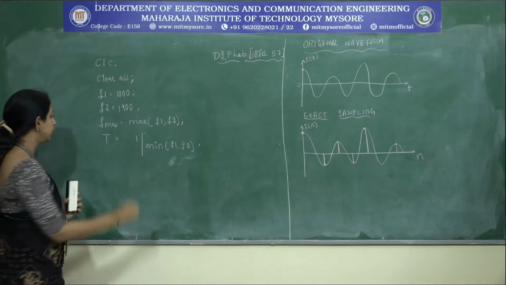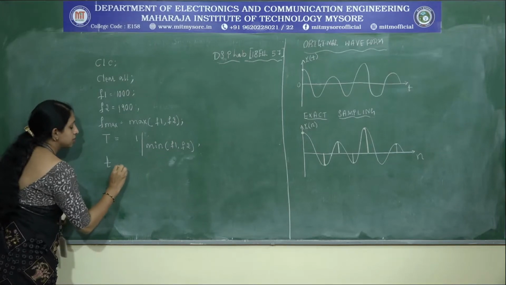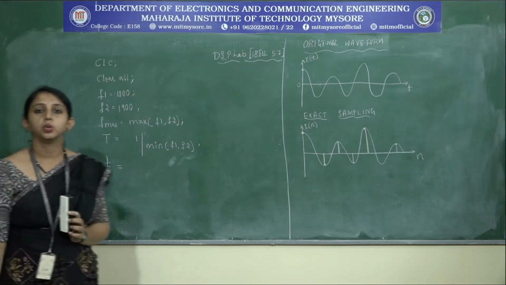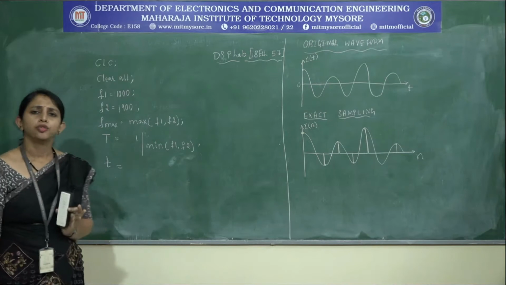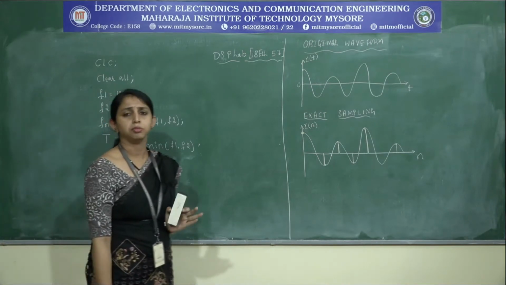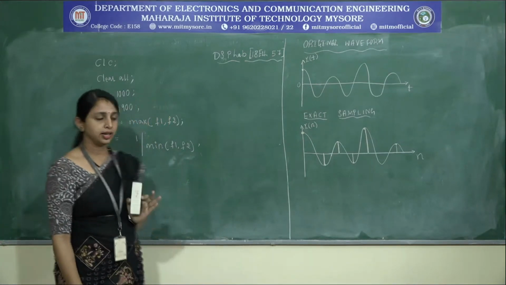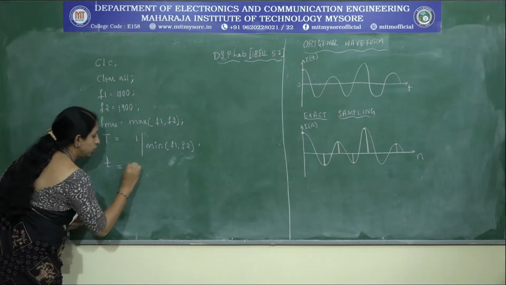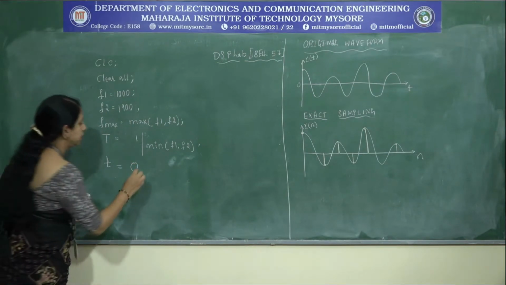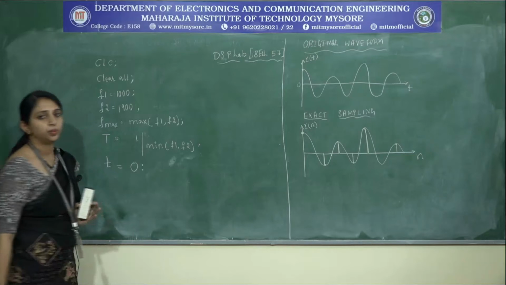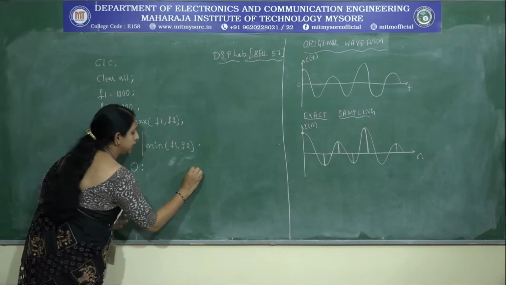Then let us go for the time axis value of the original signal. Every wave has to start from its 0th position. Hence, I'll write 0 first. Where should it end?